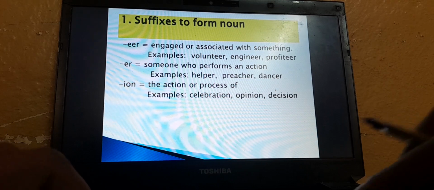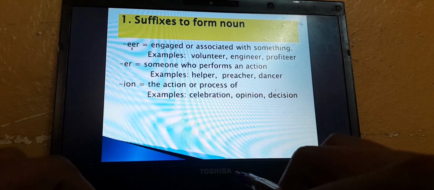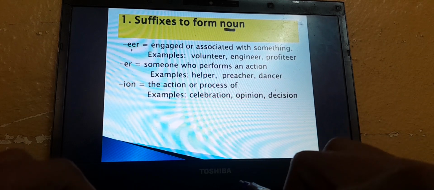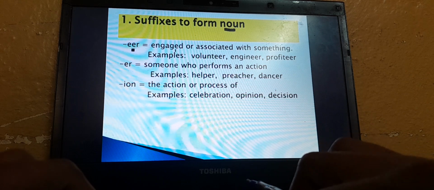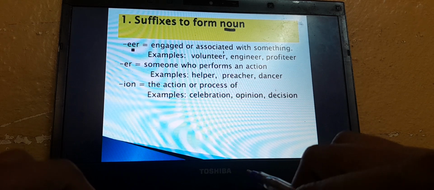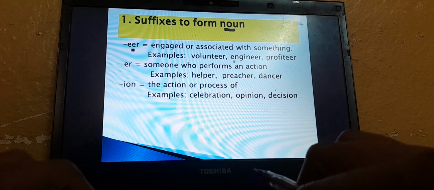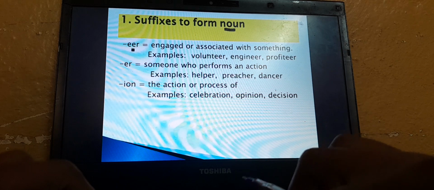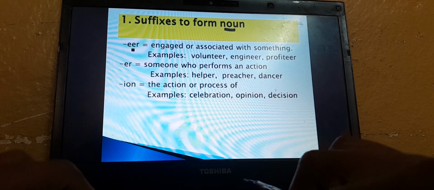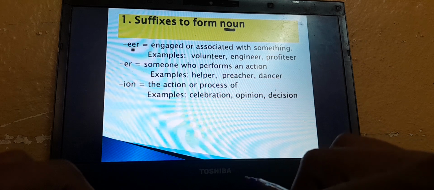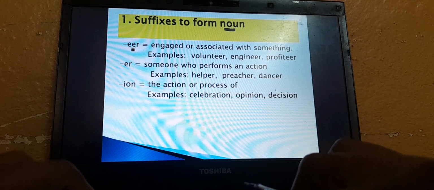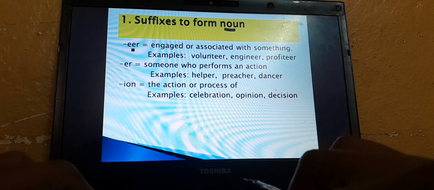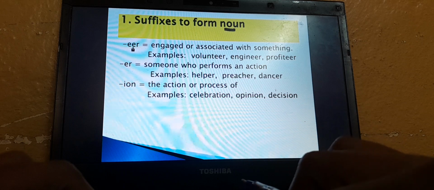Suffixes to form nouns. Here are a number of suffixes that can be used in order to form nouns. For example, eer. This is a suffix and its meaning is engaged or associated with something. Examples: volunteer, engineer, profiteer. These are some examples that show how to form nouns using the suffix eer.